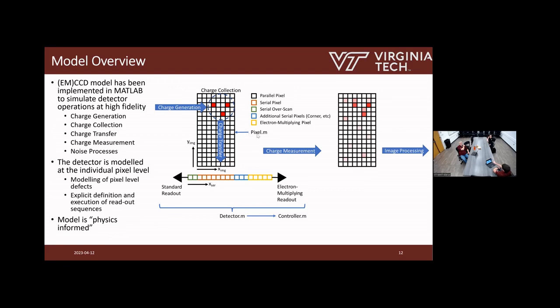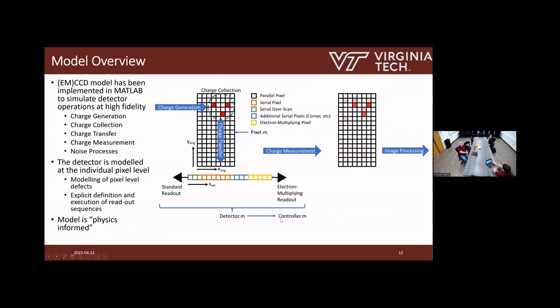We have an individual pixel object that we bring together into a larger detector object that coordinates these pixels into imaging section arrays and serial readout arrays. And so from here, we're able to do, again, these different processes, charge generation, collection, transfer, and measurement, until we are able to back out our final image readout, and then we are free to do whatever we want with it, whatever image processing we want to perform, save it, do what we want.